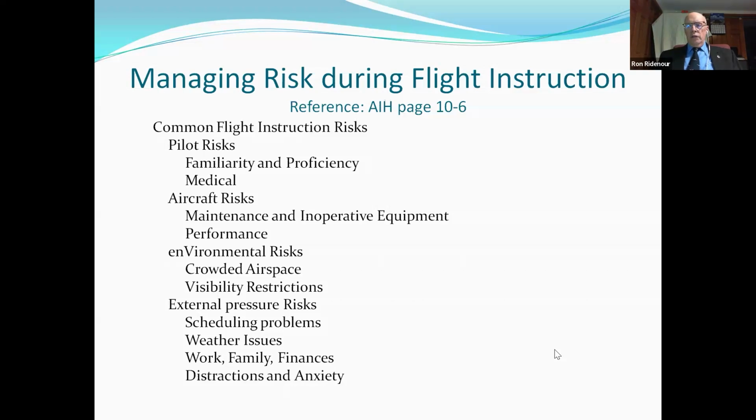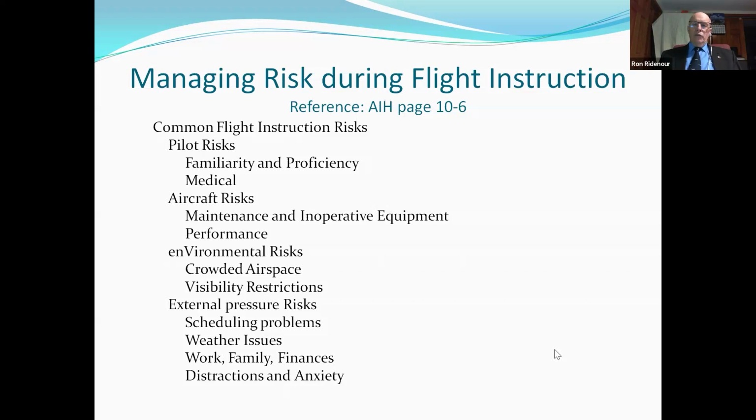6153 dictates that even though we are not required as glider pilots to hold a medical certificate, we still have to evaluate our medical risks, and it's 6153 that requires that. It's not just something good to do, the I'm safe checklist or whatever.